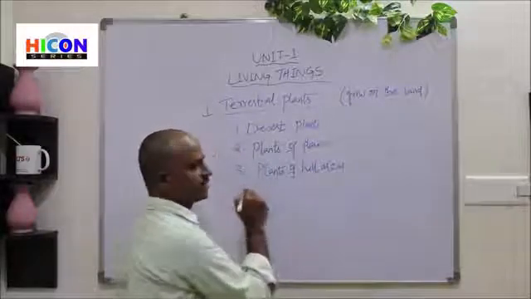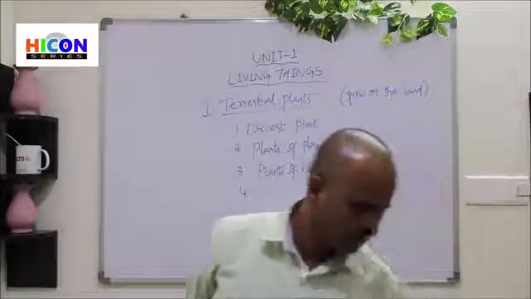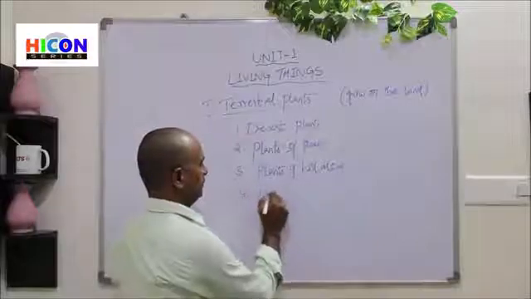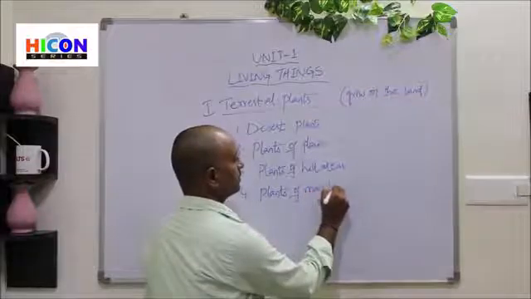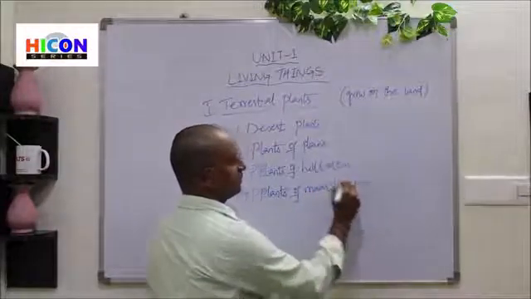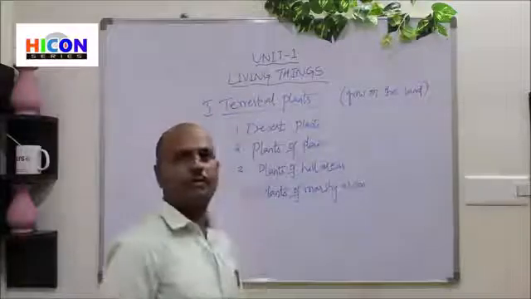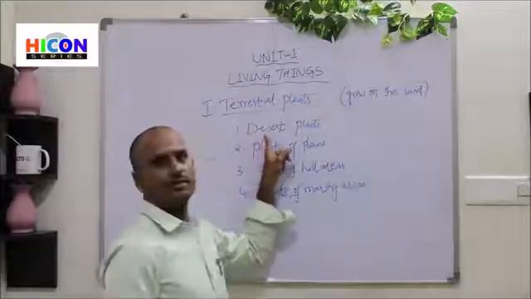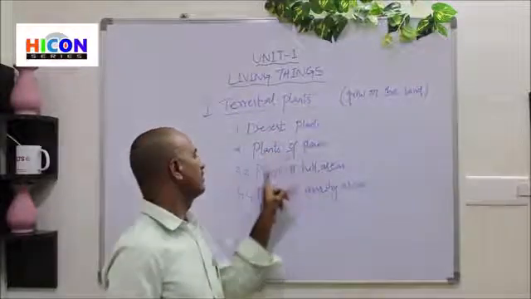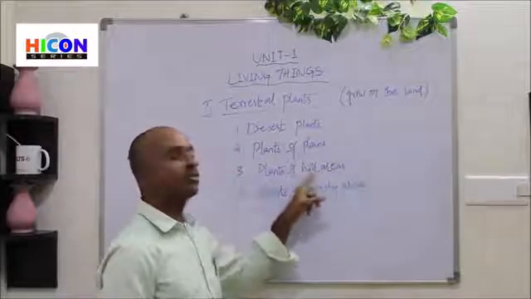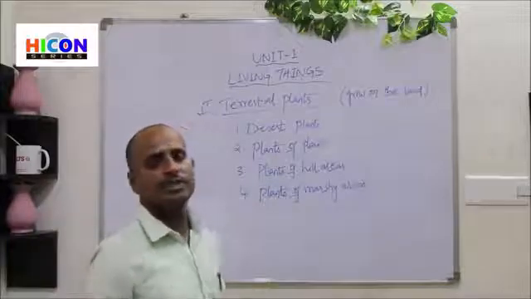And the fourth one is plants of marshy areas. So these are the four types of terrestrial plants: desert plants, plants of plains, plants of hill areas, and plants of marshy areas.